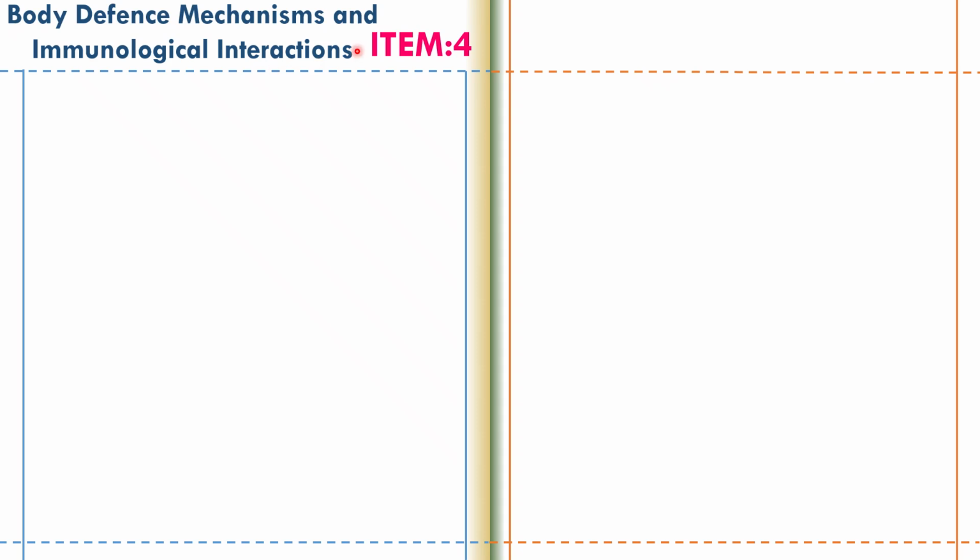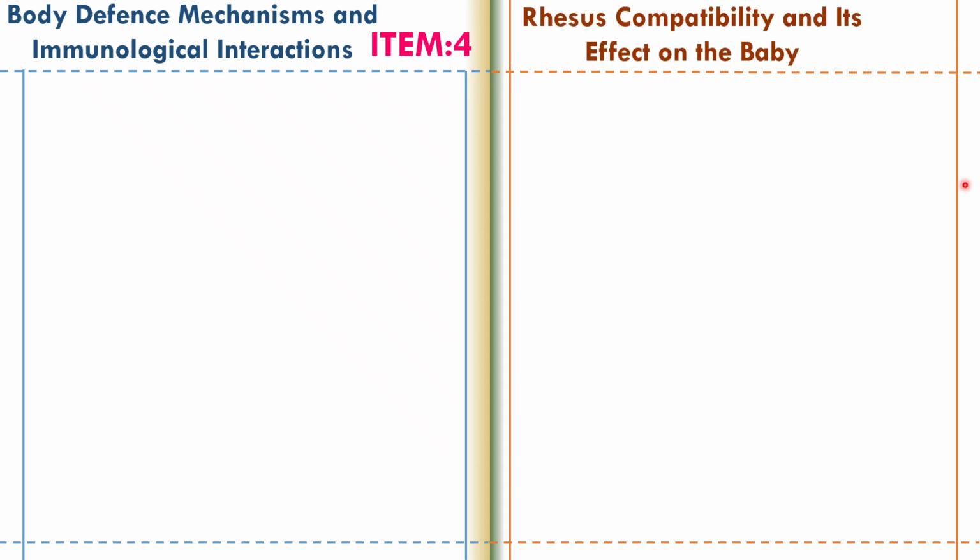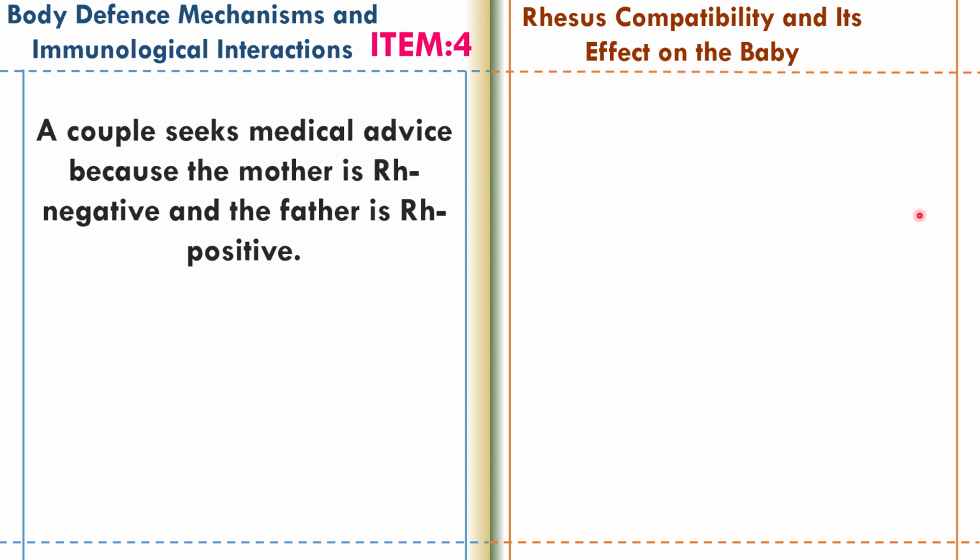Body defense mechanism and immunological interactions. Item 4. Rhesus compatibility and its effect on the baby. A couple seeks medical advice because the mother is rhesus negative and the father is rhesus positive.